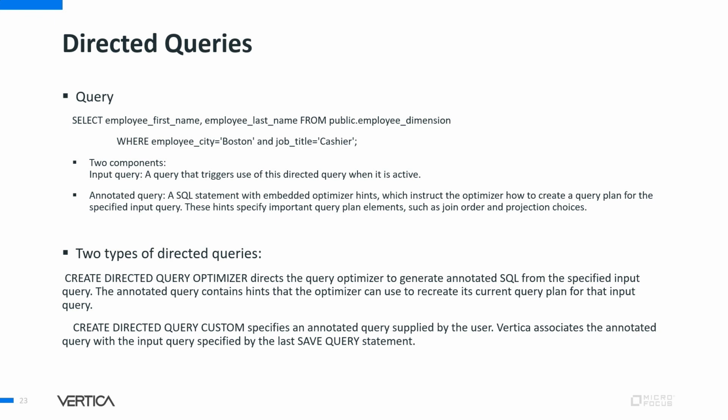The annotated query contains hints that the optimizer can use to recreate its current query plan for that input query. The second one, CREATE DIRECTED QUERY CUSTOM, specifies an annotated query supplied by the user. Vertica associates the annotated query with the input query as specified by the last SAVE QUERY statement.